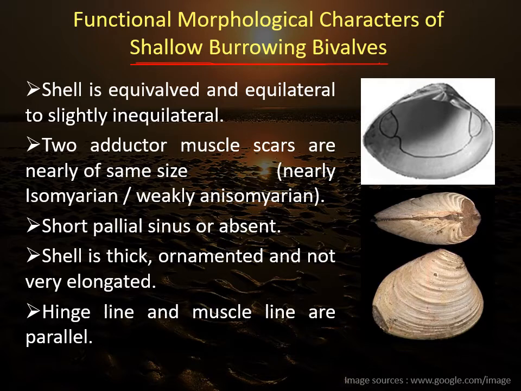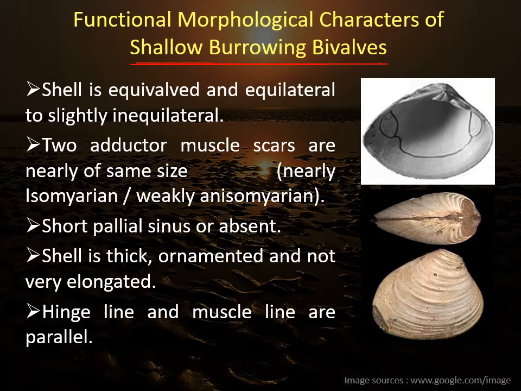For shallow burrowing bivalves, they live in a shallow depth within the sediment cover. So their shell is equivalve and equilateral to slightly inequilateral. There should be two adductor muscle scars. That means they must be dimyarian, and these muscle scars may be isomyarian or weakly anisomyarian.